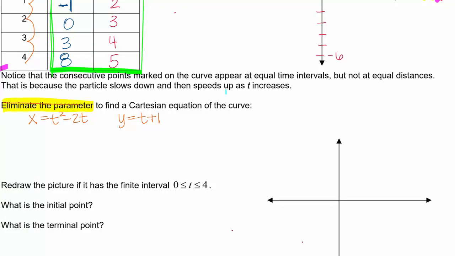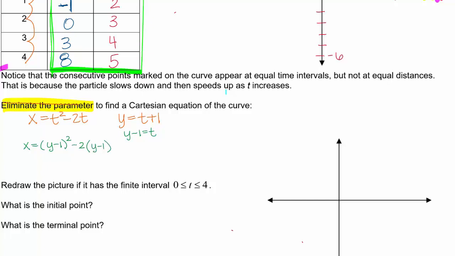So I would choose one of these equations to solve for t. I choose the y equation, so I will subtract 1. And I will substitute that y minus 1 in place of t into the x equation. So t is y minus 1, so that will be quantity squared minus 2 times the t, which is y minus 1.